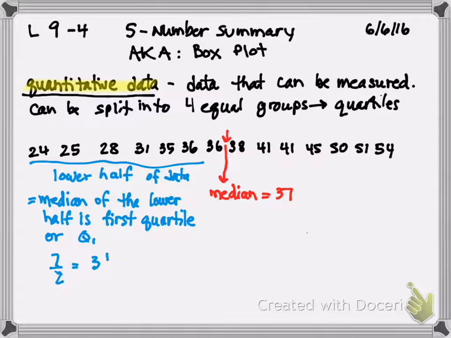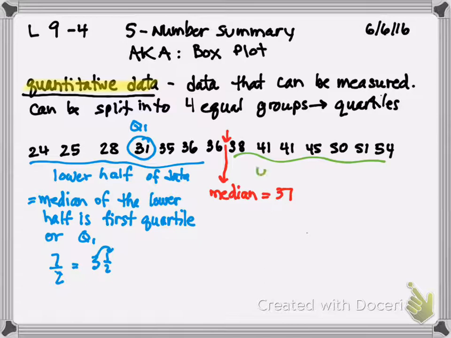That gives me 3.5, which means the number past 3 would be my quartile 1. In the old way we used to teach this, it was called the lower quartile. The new way, they just call it Q1. The median overall is called median, but it could also be called quartile 2.